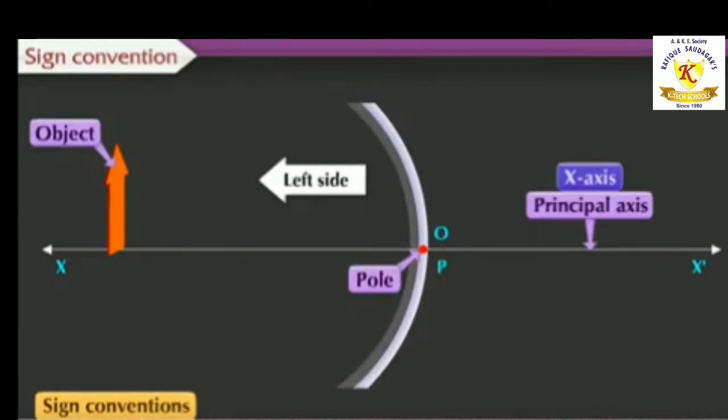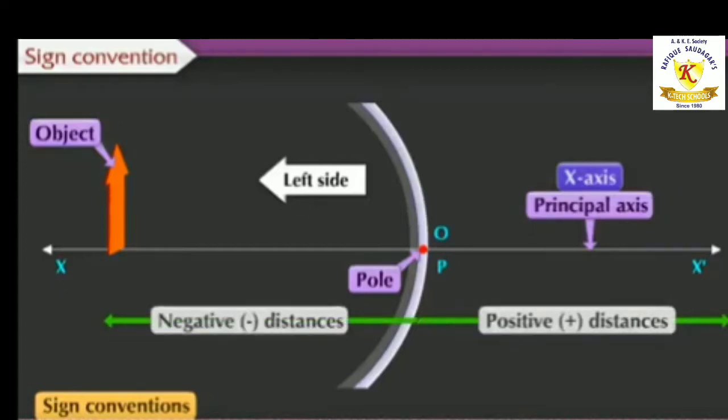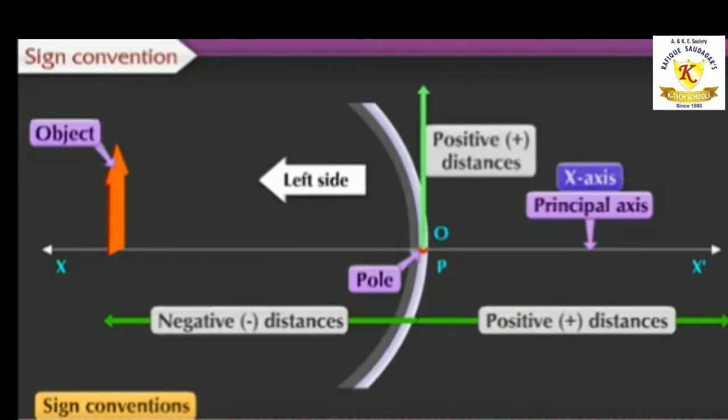All distances measured towards the right of the pole are taken to be positive, while those measured towards the left are taken to be negative. Distances measured vertically upwards from the principal axis are taken to be positive.